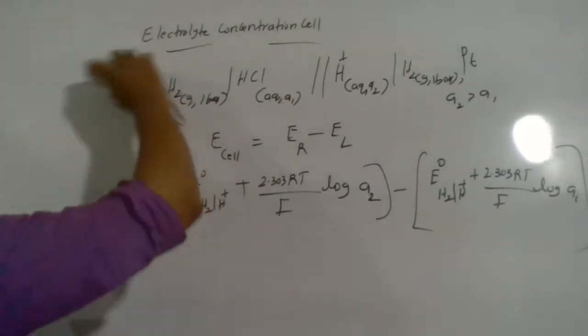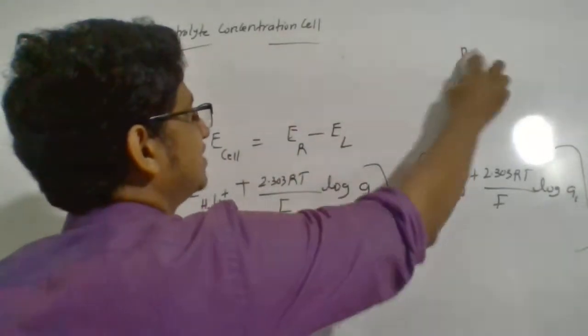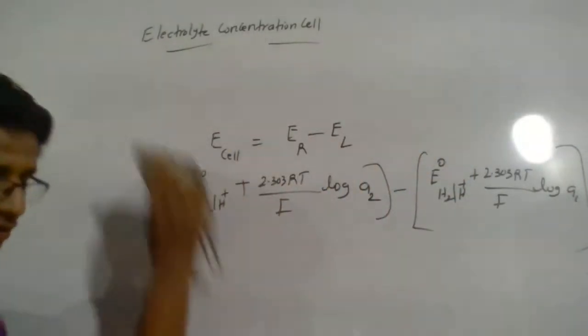So let us have another similar type of cell. This time we are using a zinc electrode.